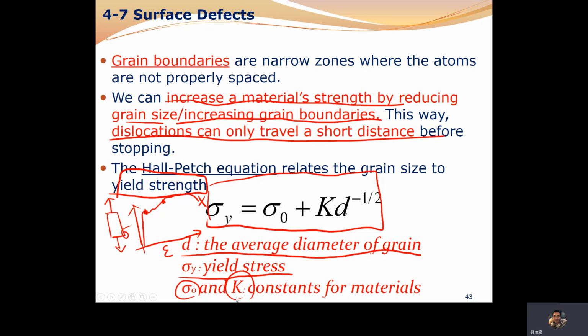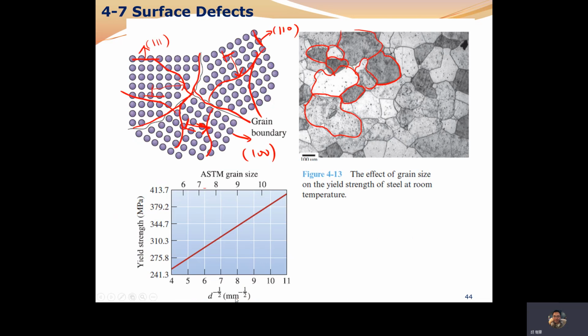From this experiment, we figure out this linear equation, and we can plot it. Therefore, we can find the relation between yield stress and grain size, and the yield stress corresponding to different grain sizes. Therefore, we can test different processes, different metals or different alloys.